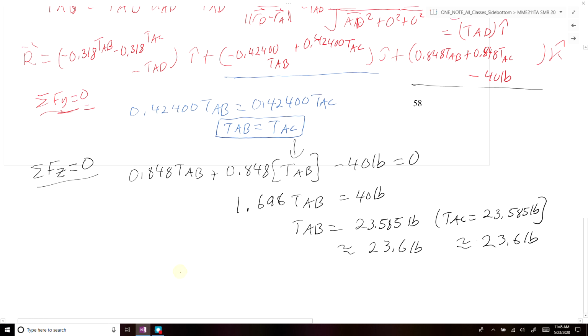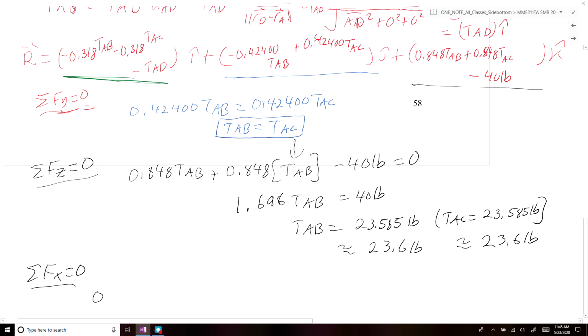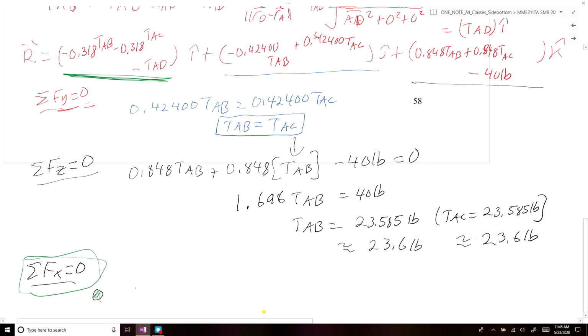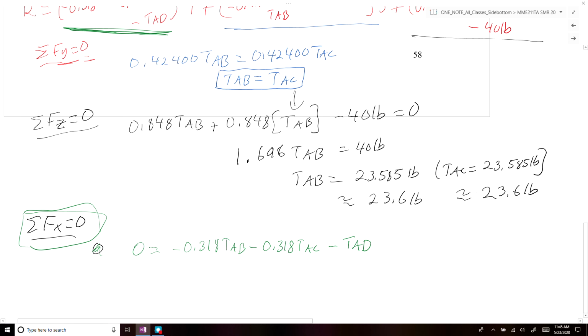And then for the last part, we can sum all of our forces in the x direction and set that equal to 0. That's this equation on the left-hand side of our resultant vector. So 0 is going to be equal to minus 0.318 TAB minus 0.318 TAC plus TAD.